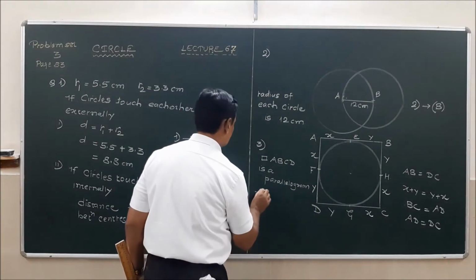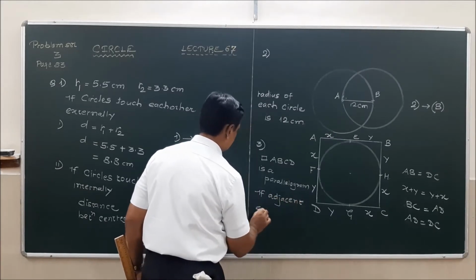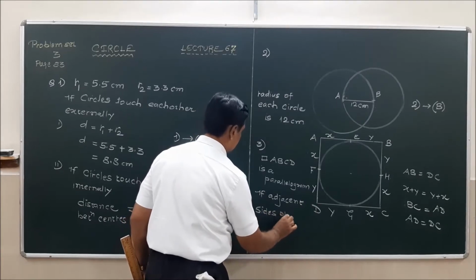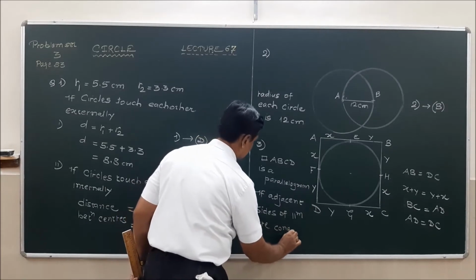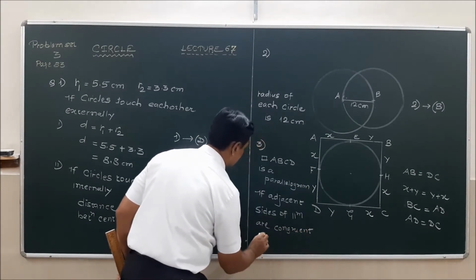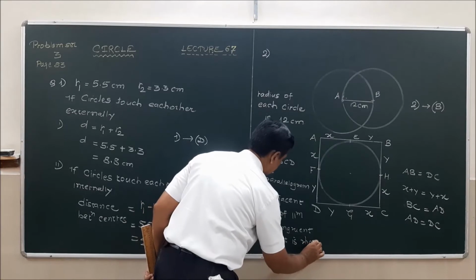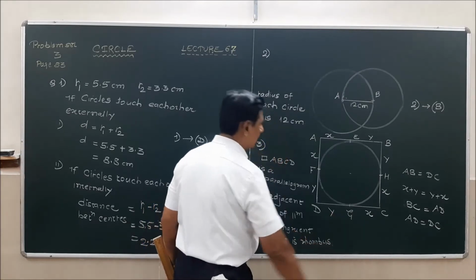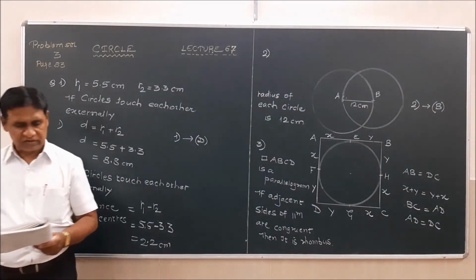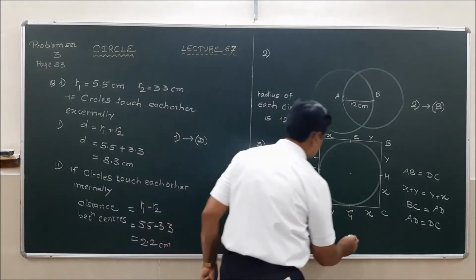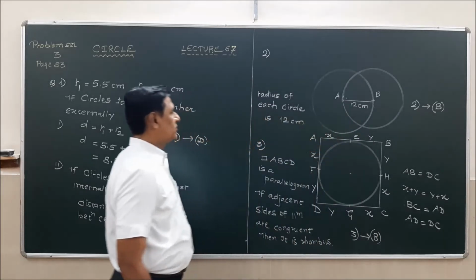If adjacent sides are congruent, then it is a rhombus. So the option for the third one is B.